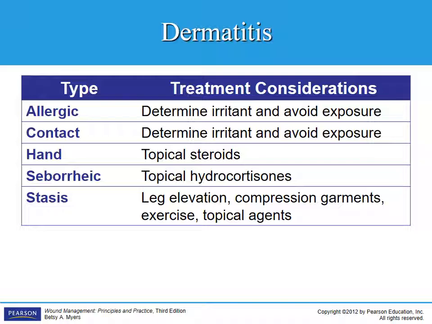Hand dermatitis is treated with topical steroids. Seborrheic is hydrocortisones. And then stasis, when you're looking at a stasis dermatitis, you need to think about leg elevation, compression garments, exercise, and what kind of topical agents you can use.